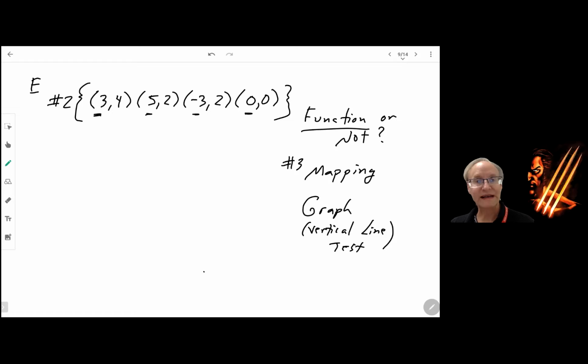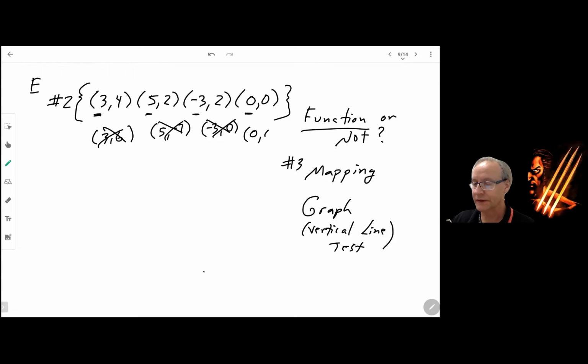The only way it would not be a function is if I had another point like 3, 6, or another point like 5, -7, or another point like -3, 0, or another point like 0, 6.